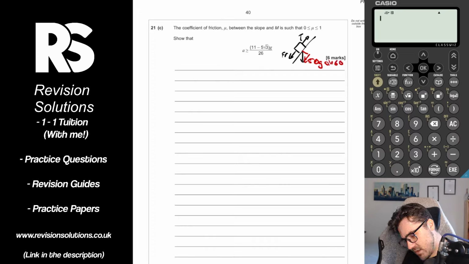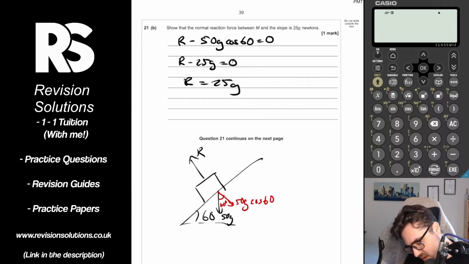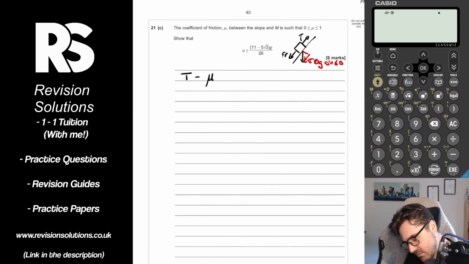So writing out an equation of motion for this block, we would have T minus the friction, which is just mu times the reaction force. And we actually worked out the reaction force earlier, didn't we? Reaction force is just 25g.